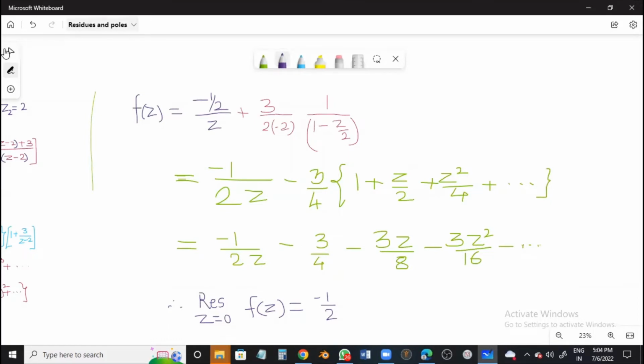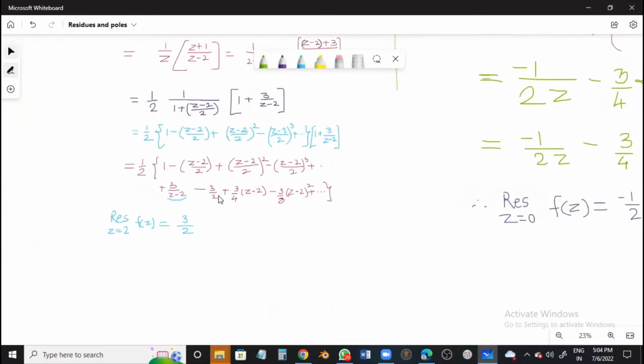Ready for the next? Okay. So now you have to go with the addition of the residues. What is our formula? The integration of f of z dz over c is the summation of the residues multiplied by 2 pi I. So we have 2 pi I multiplying the sum of 3 by 2 and minus half.